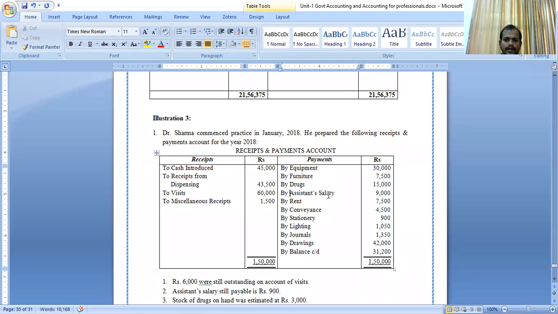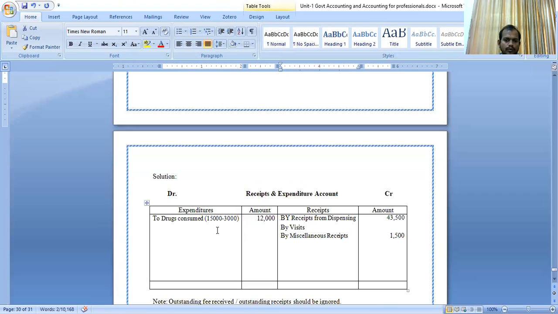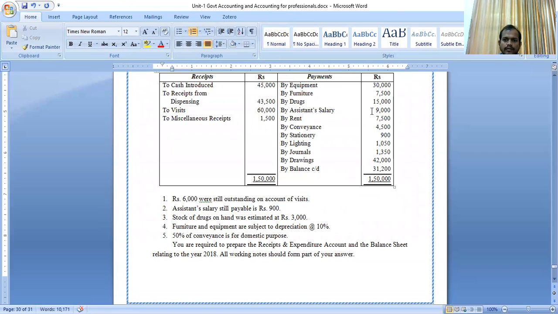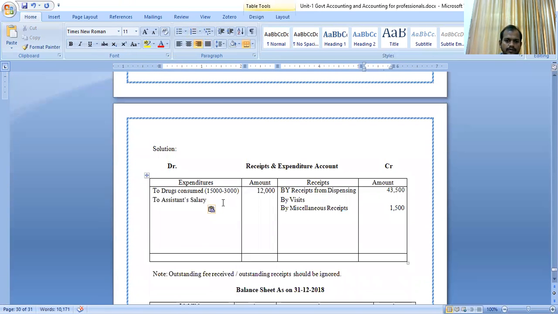Another one is assistant's salary. For assistant's salary we have an adjustment. So that is payable 900. This one is 9,000.